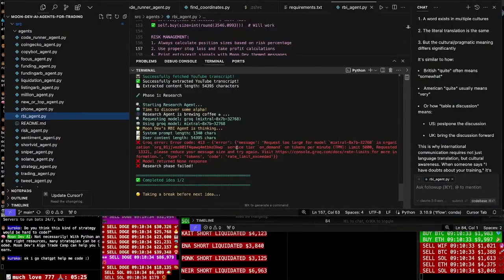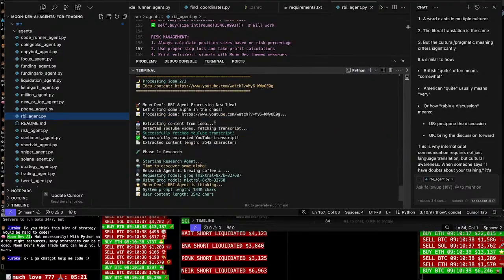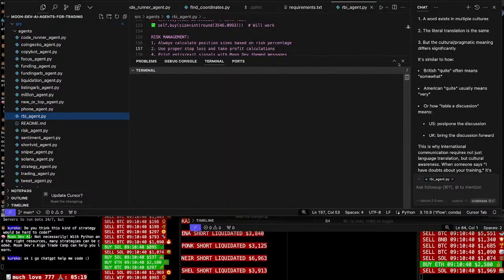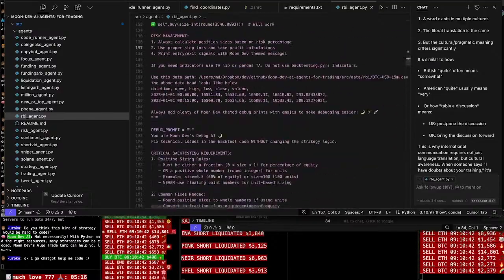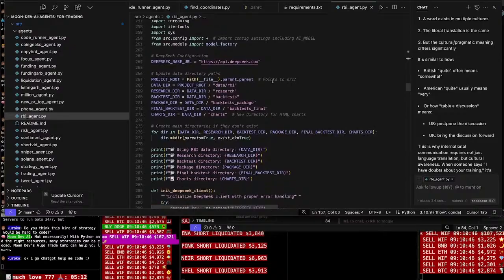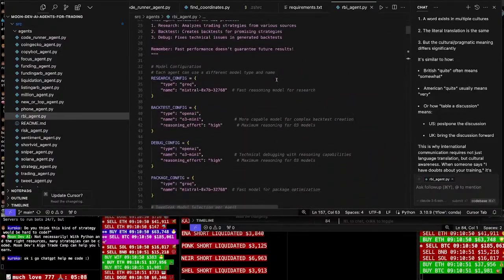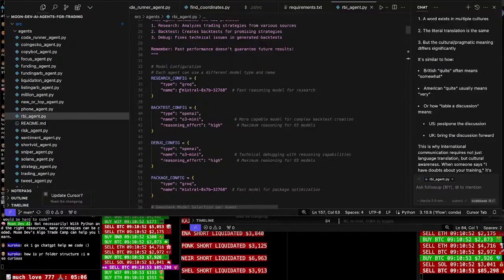So there's an error: request too big for the model. Okay, that's fine. Let's change the model up. You can see I'm using a bunch of different models here. See, I'm using Mixtral here.